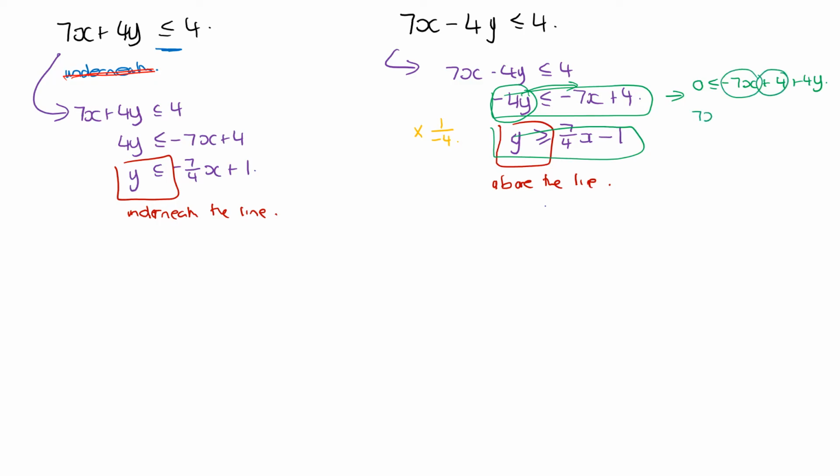So you're left with 7x minus 4 is less than or equal to 4y. Then we divide through by 4, so we have 7 over 4x minus 4 upon 4, which is 1, less than or equal to y. And then we just make y the subject of the formula. So we have that situation. And the fact that we're looking at all the y's which are greater than this part means it is above the line.